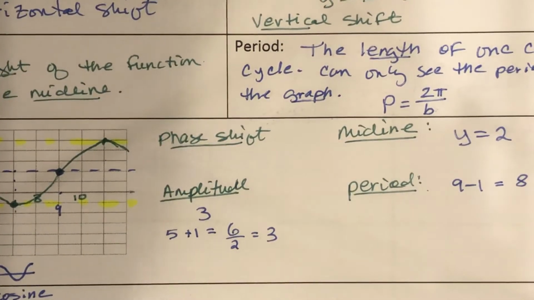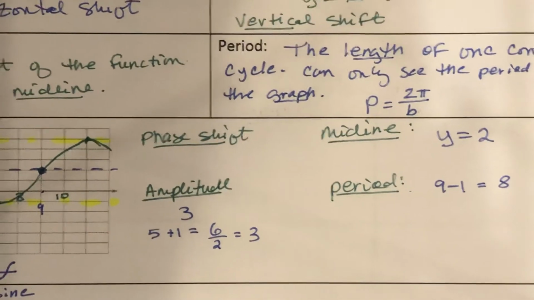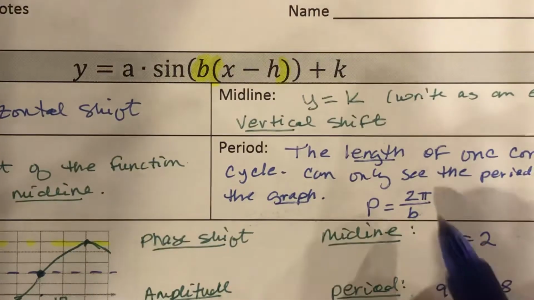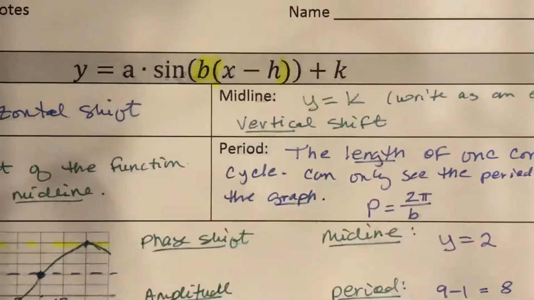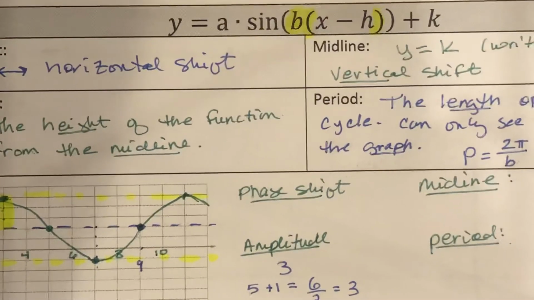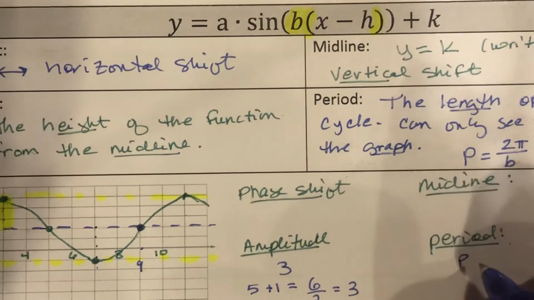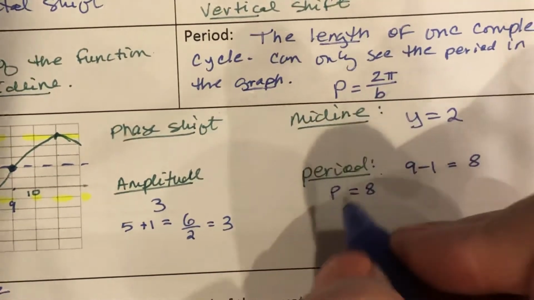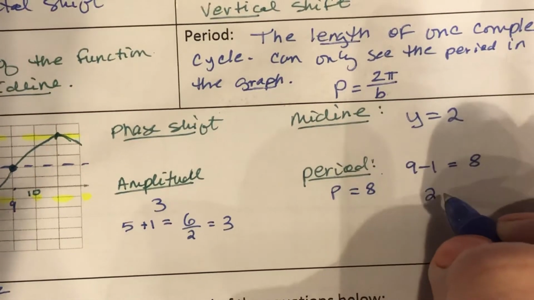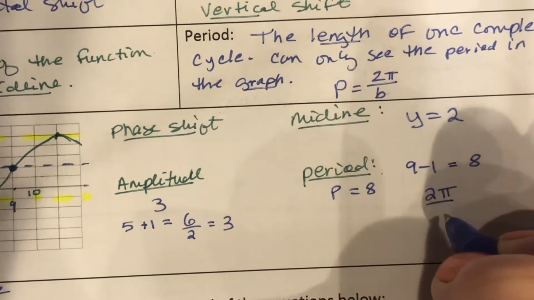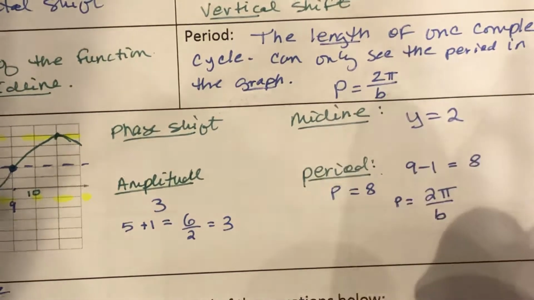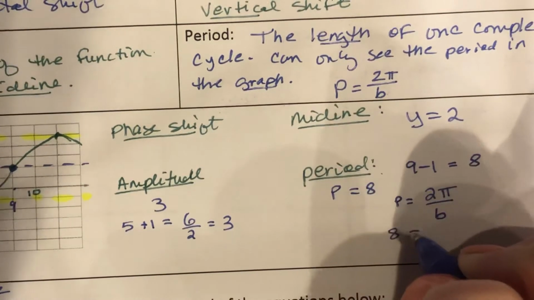Now, we're going to write the equation. We don't need the period, we need the b. We're going to need this equation right here, because if you notice, the b is in the equation. The period is 8, but we need the b. So 2 pi over b is the period, and the period is 8.